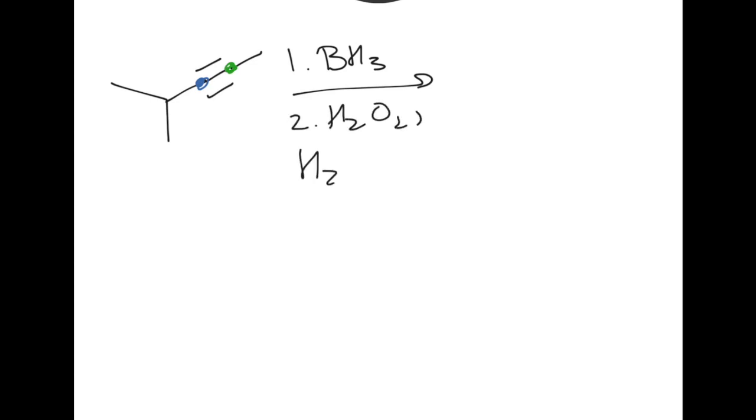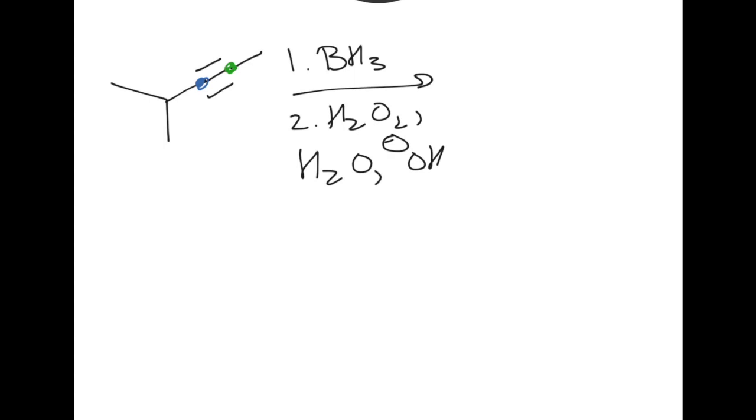So you have this. I have two different carbons. There's nothing to differentiate those two carbons. They're both a carbon that's triple bonded to another carbon and then singly bonded to a carbon.